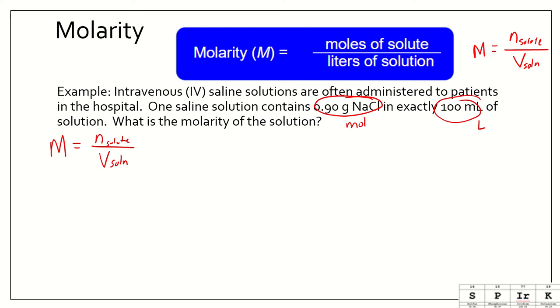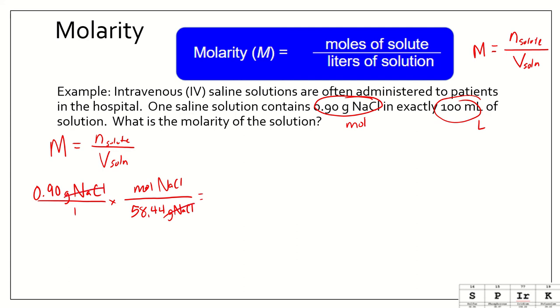Hopefully by now you know that to go from grams of sodium chloride, we need the molar mass. So we have sodium at 22.99 plus 35.45 for chlorine, for a molar mass of 58.44.